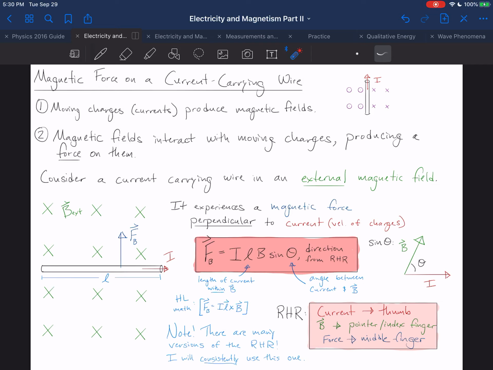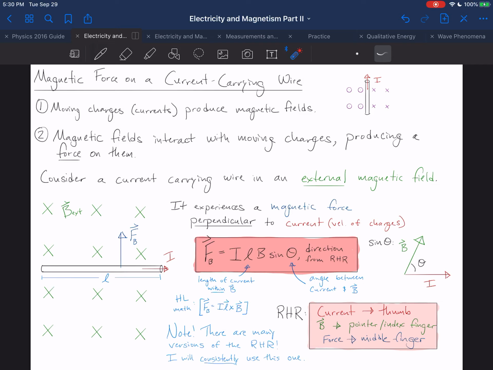But it is also the case that magnetic fields interact with moving charges and produce a force on them. So moving charges produce magnetic fields, but those magnetic fields interact with other moving charges and produce a magnetic force on them. Notice this has exactly the same structure as, for example, electric force and field and gravitational force and field.